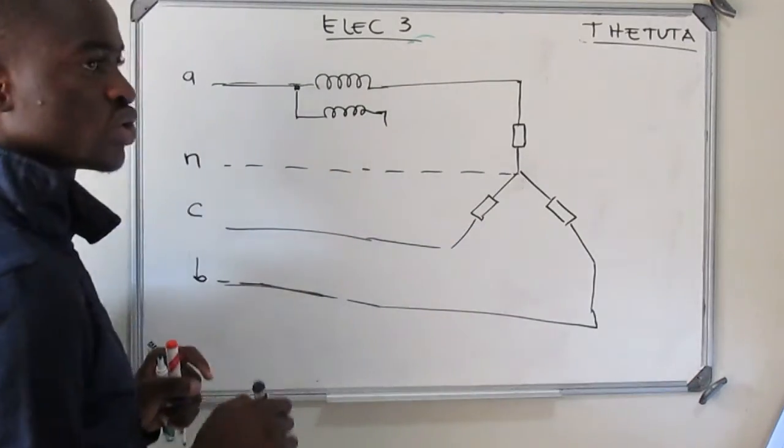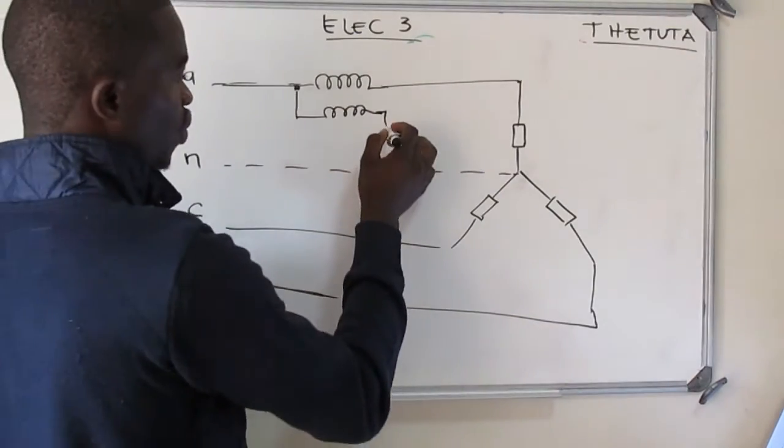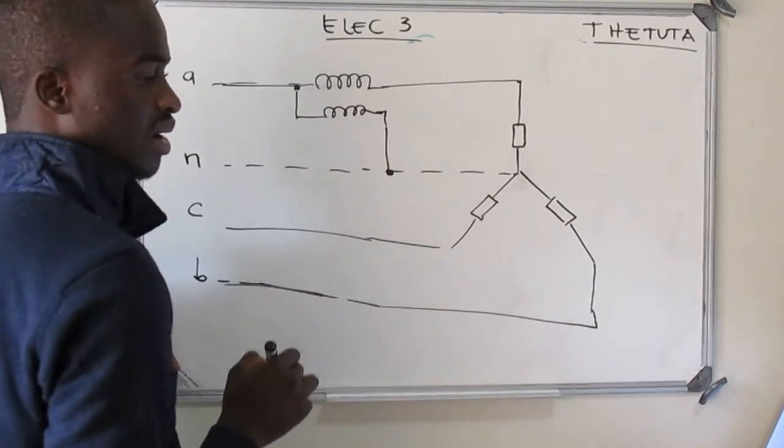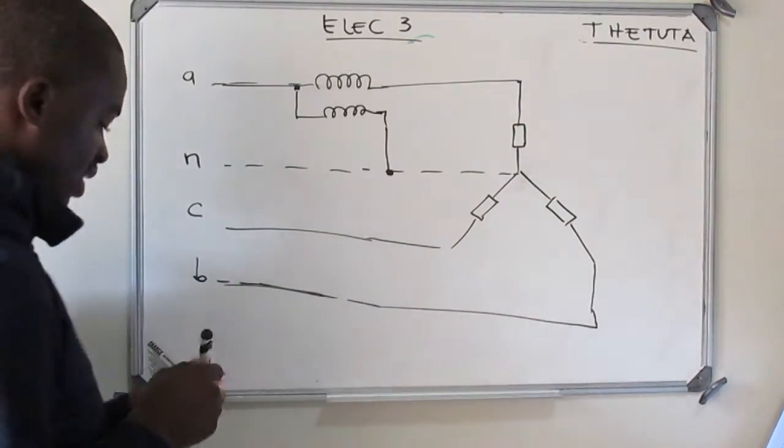Now you need to choose where it ends. More often, for the star load, it always ends at the neutral point. But they can change. If they put it at C, you're going to put it at C, but usually you put it at the neutral point.